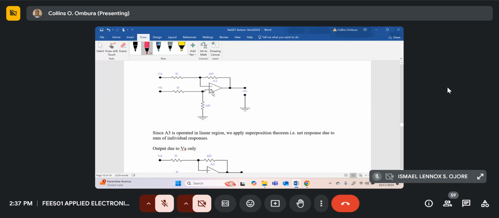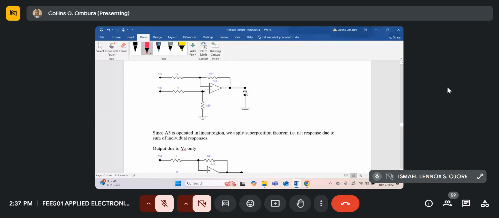To analyze this circuit, we just use the superposition theorem. We apply the first signal VA with signal B equal to 0, grounded, and then we apply signal B and ground signal A, and then we add the two to get the total response at the output.